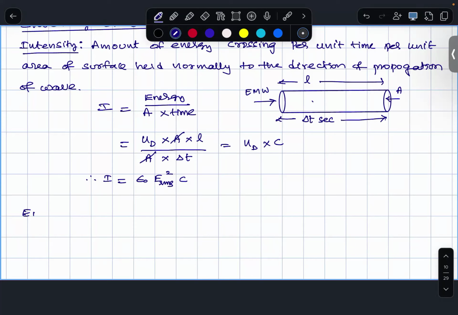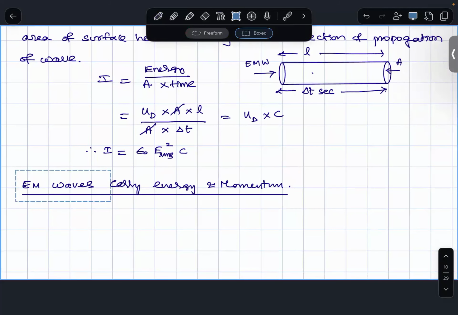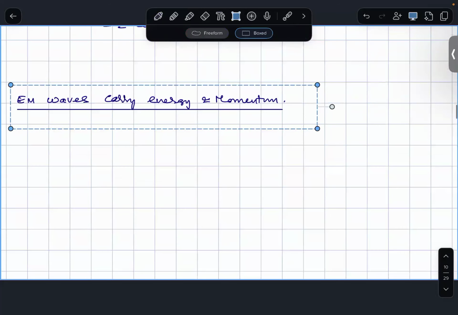EM waves carry energy and momentum. Before this, I will add one more term.